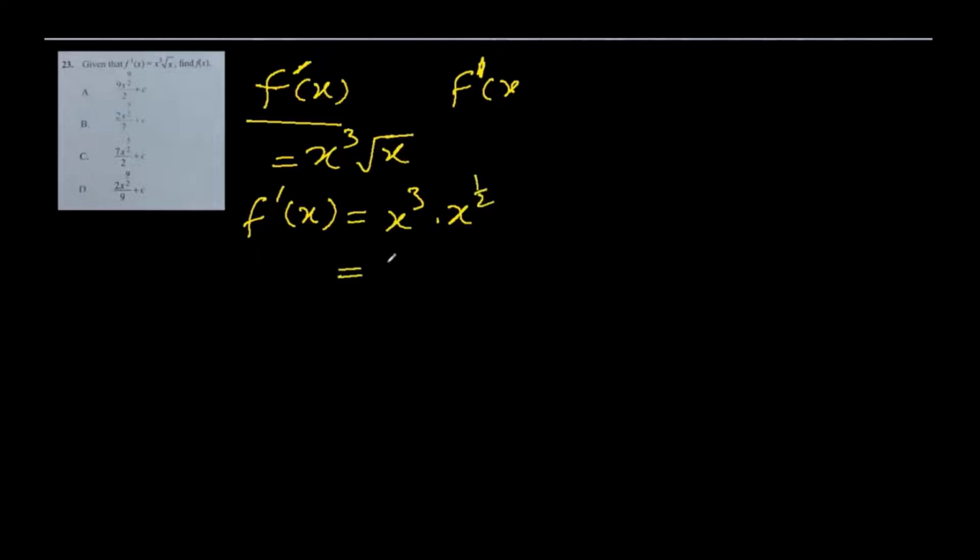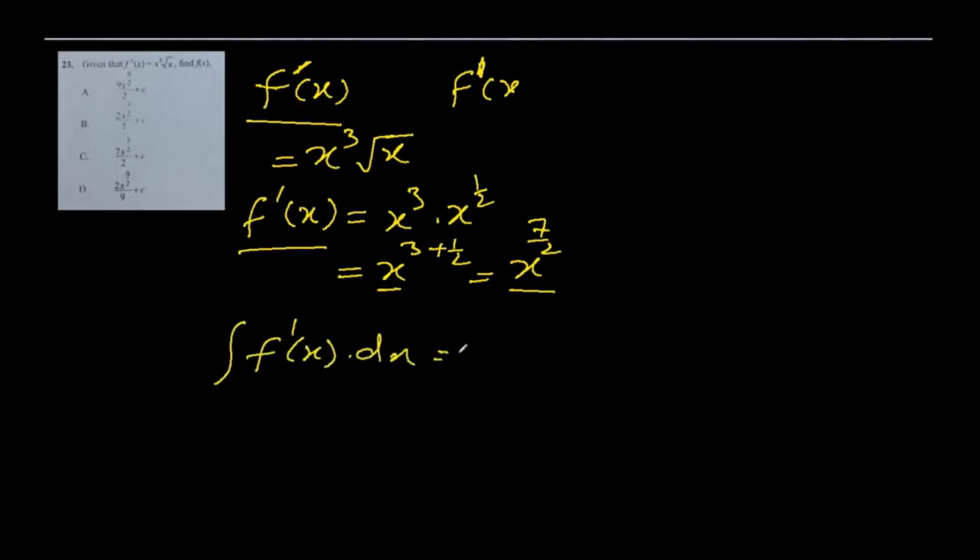If we simplify it further, it will be 3 plus 1 over 2, because their bases are same, so exponents add up, which comes out to be x to the power 7 over 2. So f prime x is x to the power 7 over 2. To find f x, we will have to integrate f prime x dx, which is integrating x to the power 7 over 2 dx.